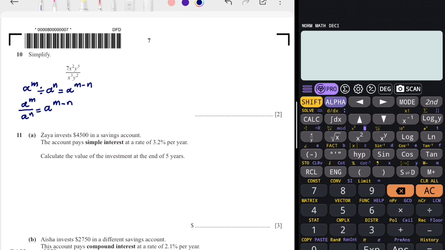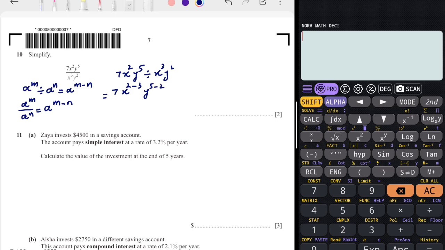Now in this question we can change the fraction sign into a division sign. Now the coefficient 7 remains the same, and now look at the bases: x^2 minus 3 and y^5 minus 2.